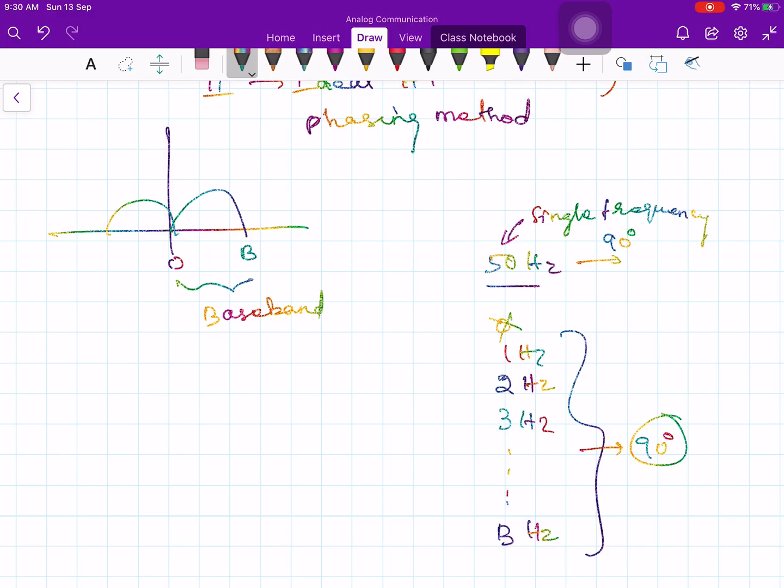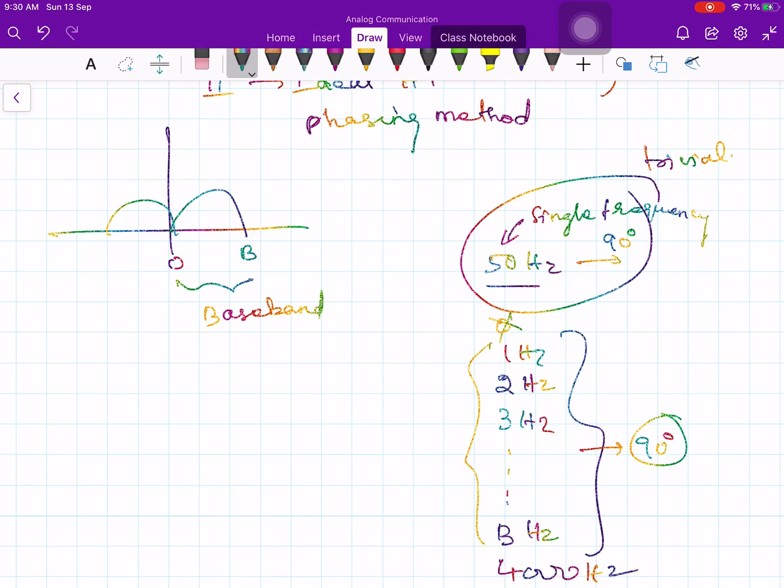So realizing a 90 degree phase shifter at a single frequency is a trivial job. You simply put an R and C and it will give the 90 degree phase shift. An ideal capacitance would produce a 90 degree phase shift. But to realize that for a band of frequencies, 1 hertz to B hertz, let us say B is equal to 4000 hertz, is very difficult.